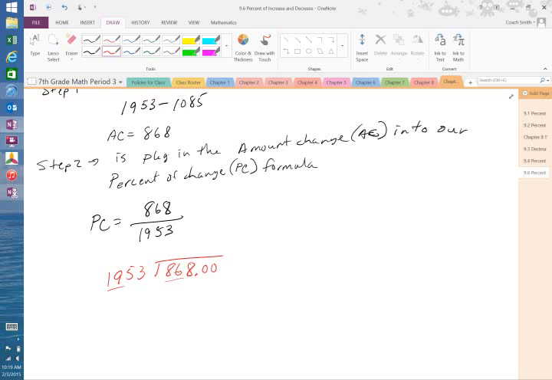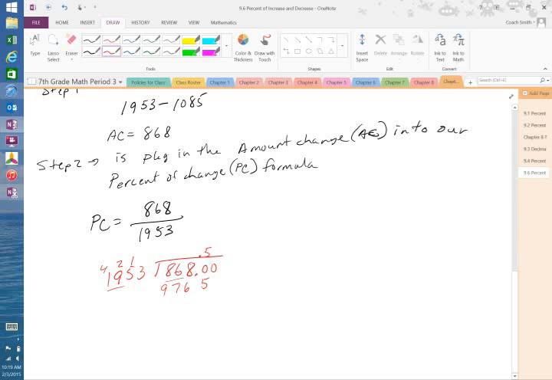Let's try 5. Let's bump it up 1 here. So we have 5 times 3 would be 15. Carry my 1. 5 times 5 is 25. Plus 1 would be 6. Carry my 2. 5 times 9 is 45. Plus 2 would be 7.